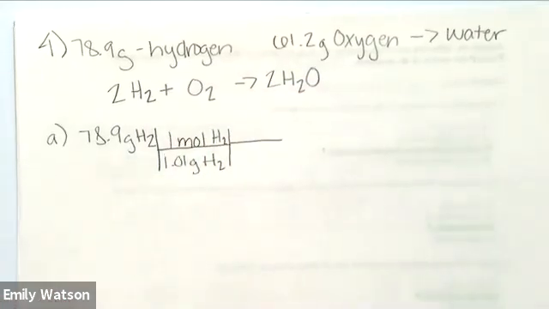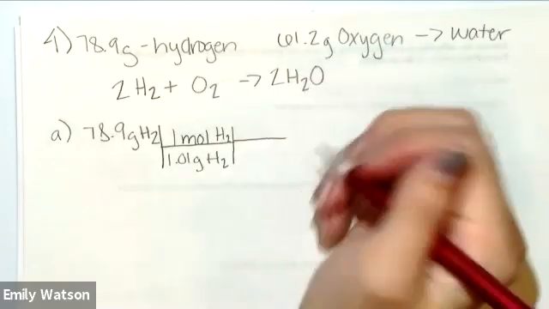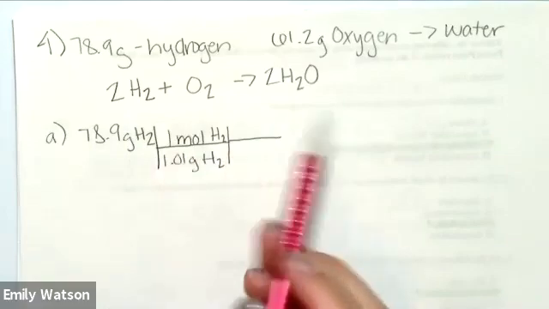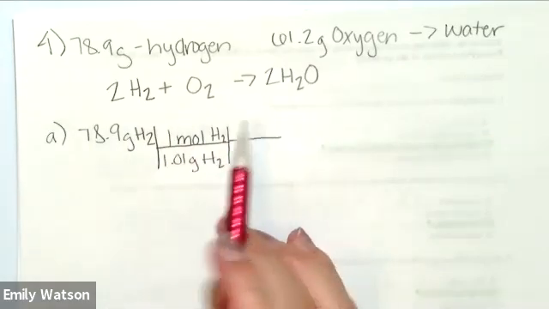Where are we going to go to now? Moles again. Moles of what? Not hydrogen. We're in moles of hydrogen. Not oxygen. H2O, yeah. So we're going to use this balanced reaction to do some conversions.